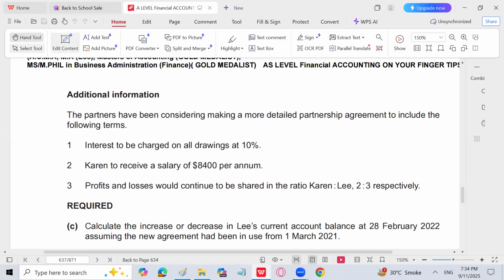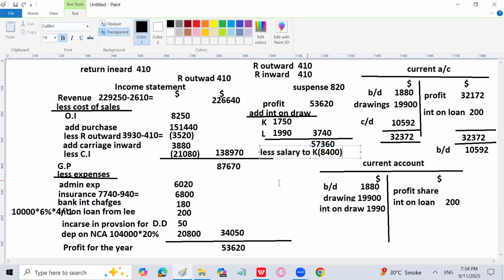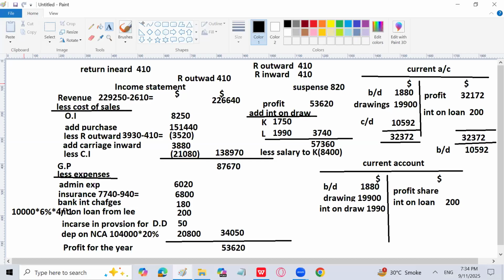Yes, 8400. And then the profit is supposed to be distributed between Karen and Lee in the same ratio, which is 2/5 and 3/5. So 57360 minus 8400 is 48960.